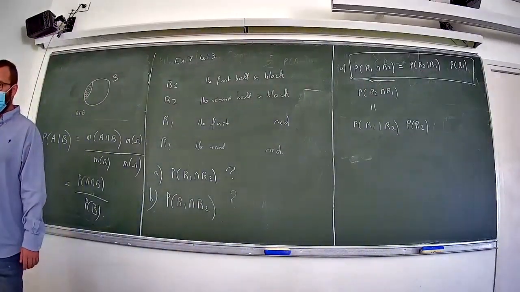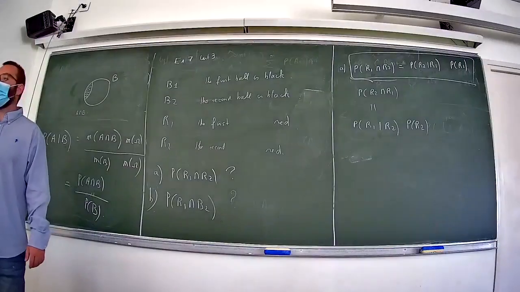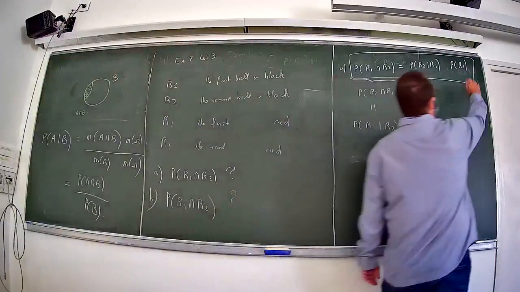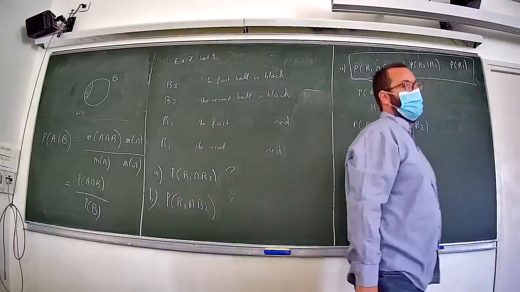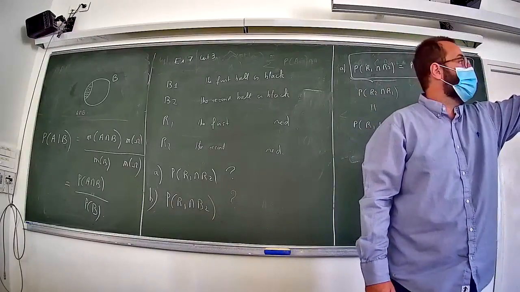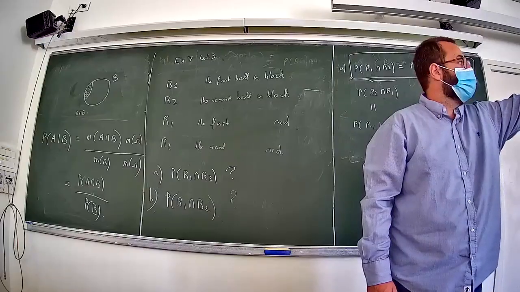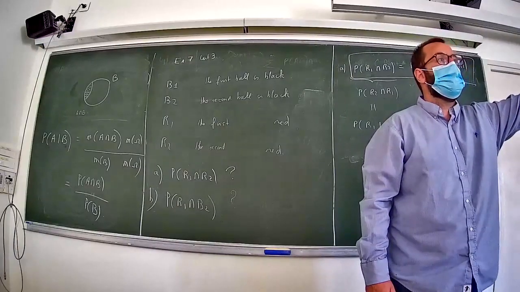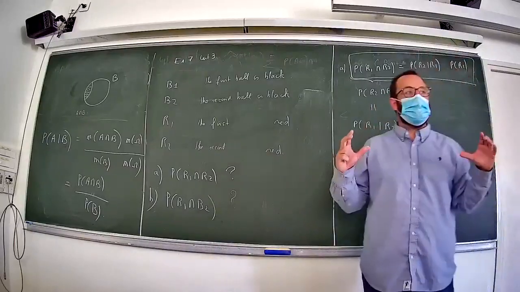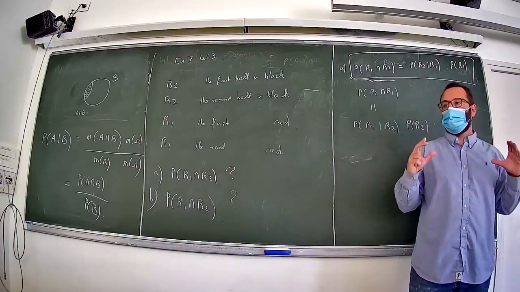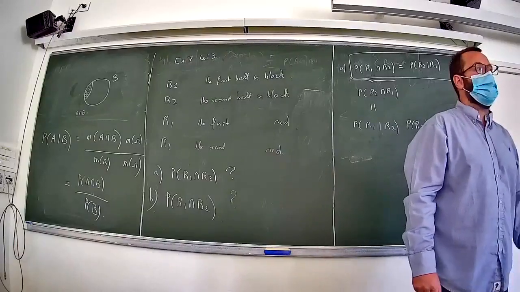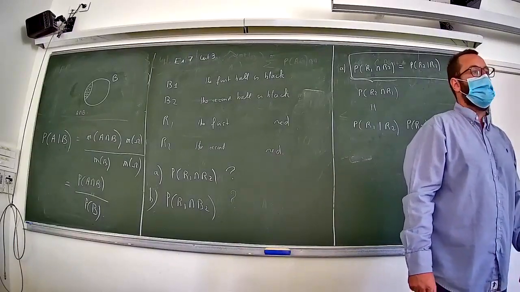Here, P of R1 is equal to what? What is P of R1 here? I choose one ball in the box. How many balls in the box? R plus B. R red, B black. So at the beginning, I have in my box R plus B balls. And I want to compute the probability that I choose the red one. How many red?